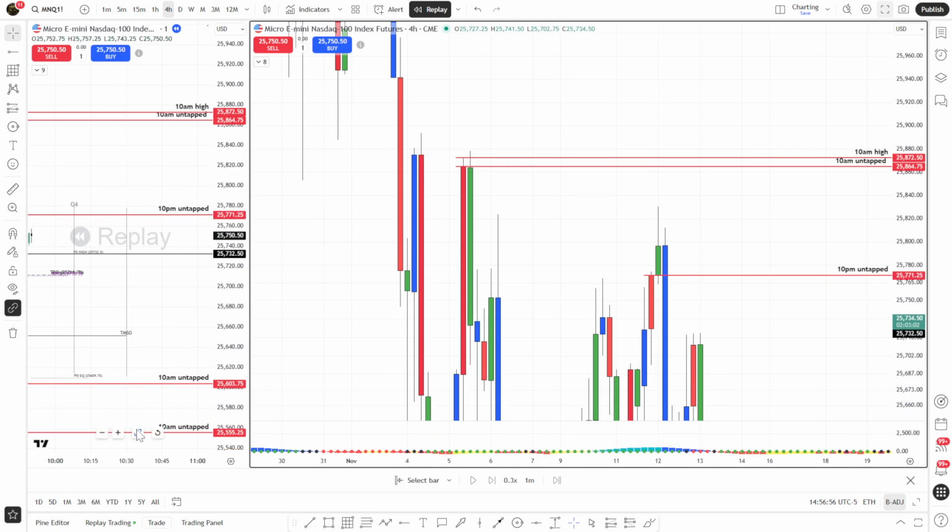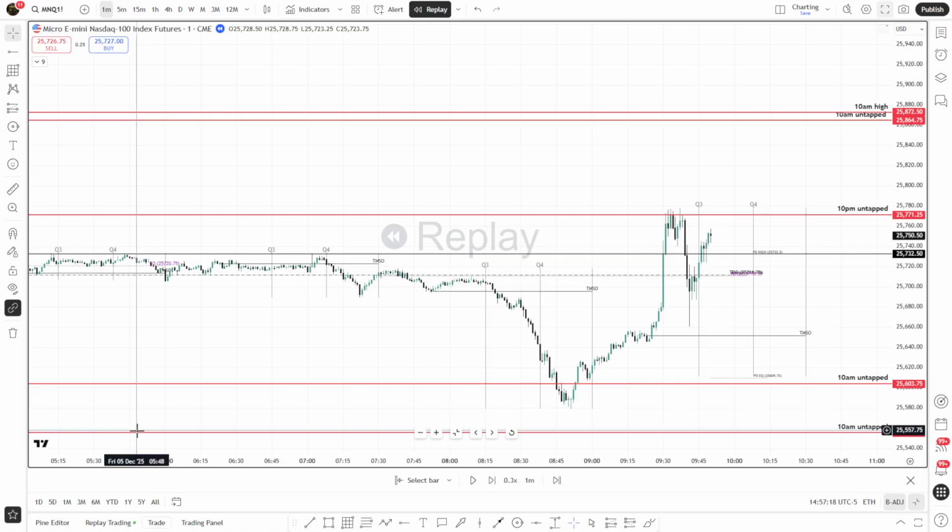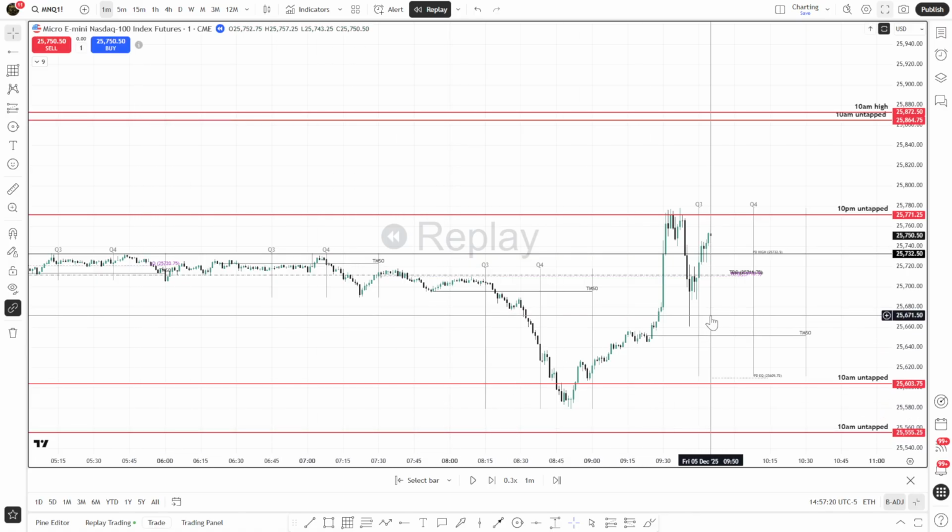So now let's go back over to the 1 minute as the 10 a.m. candle is about to open. These are the 4-hour levels that are near and what we will be watching with price action. Okay, the time we have is 9:50.